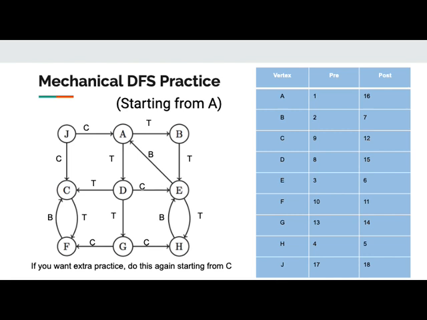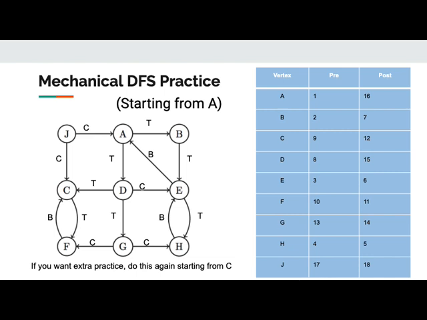If our DFS traversal goes here first, and then here, now it explores all the nodes. The tree edges in the DFS tree are these three edges. Everything else that is not in bold is not in the tree.